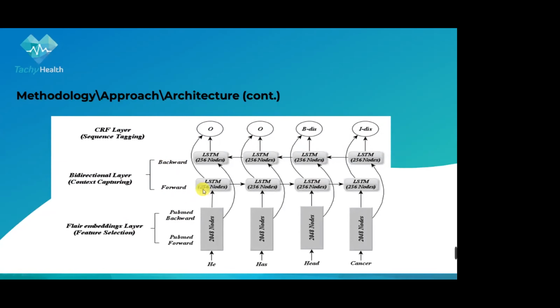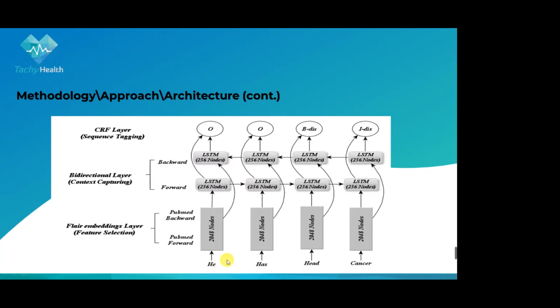The first one contains 265 nodes, and the second one is the same. So we have a little bit of a huge model, and then the last layer is a CRF, a conditional random field layer for sequence tagging, because it's a context-aware model, so we have to be aware of each word and the next word and the previous word of it.